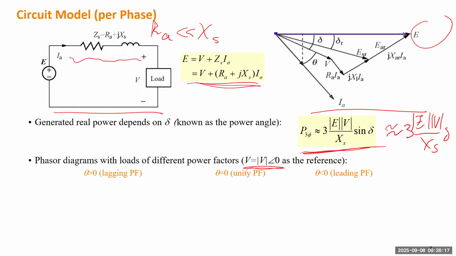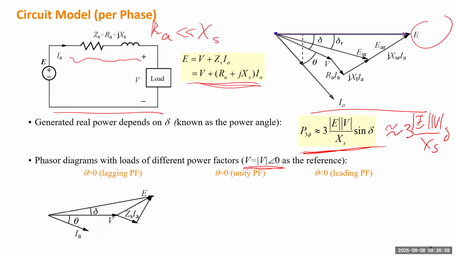When we say lagging or leading, the subject is actually the current. If the generator is operating in the system with a leading power factor, the current is leading the load voltage. If it's a lagging power factor, the current is lagging the load voltage.